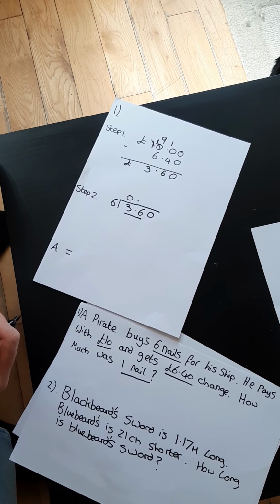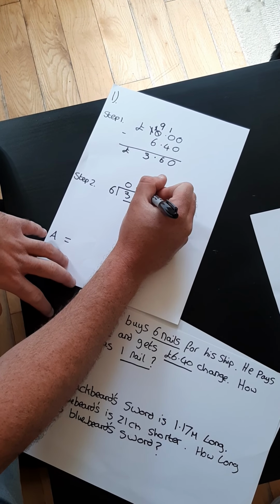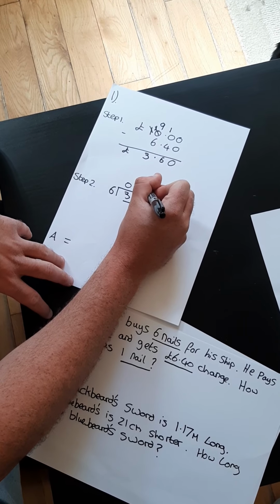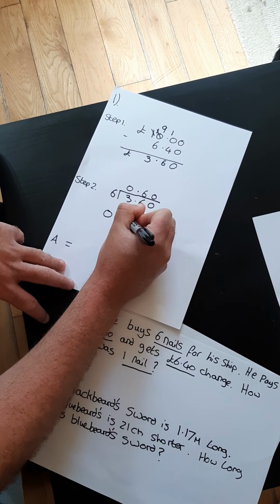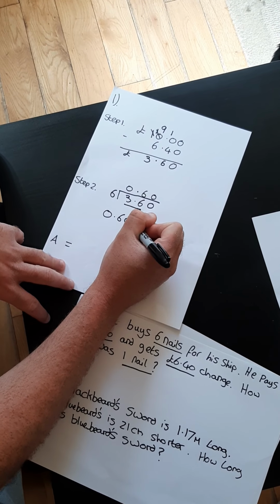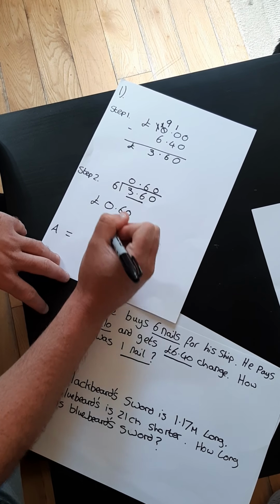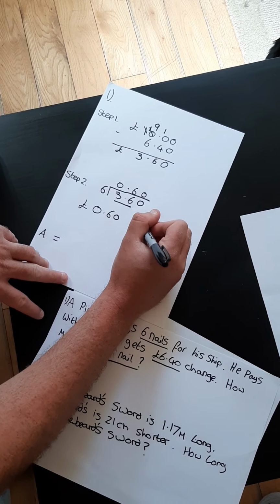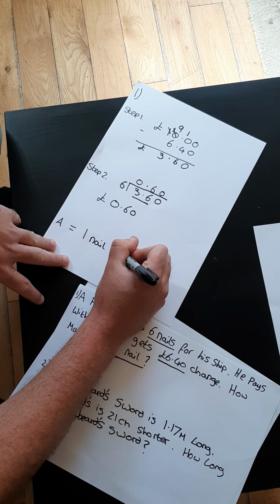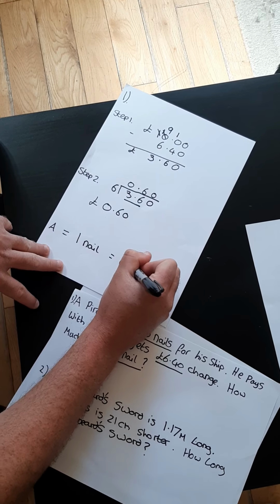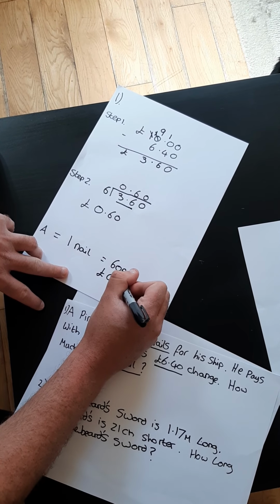If you know your 6 times table, 6 times 6 is 36. So we know that 6 lots of 6 going to 36 and then 0. So we have 0.60. Okay, so that is £0.60. That means that 1 nail was 60p. Or you can write your answer as £0.60.